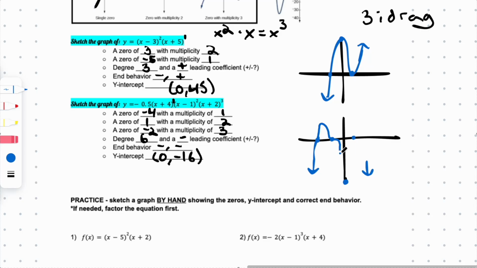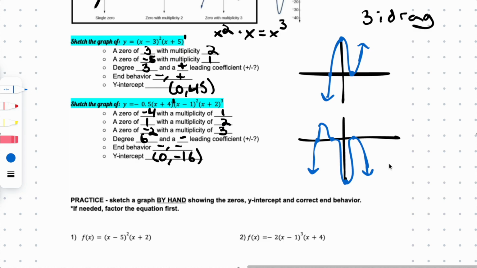We drag like that, and now we have to go down to reach this y-intercept. And then we have to go back up to reach that 0 of +1. This isn't the best graph. And then we have to bounce since we have a multiplicity of 2. Something like that. That is actually a horrible graph because we can't go back here. But hopefully you get the idea.